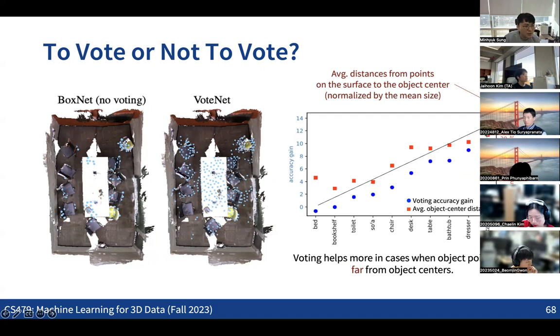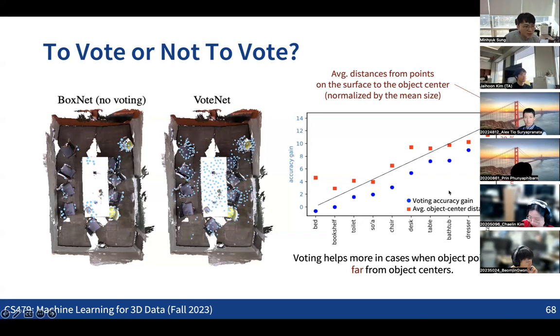And the red points indicate the average distance from the object center to all the points over the surface of the shape. What we can see is that as the points over the surface are farther from the center of the objects, we get more performance improvement using the voting scheme.